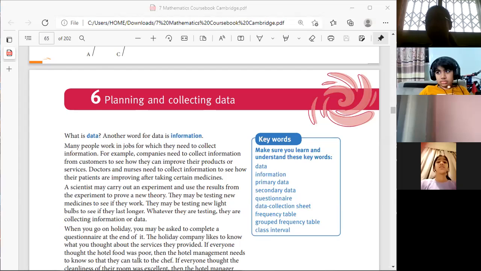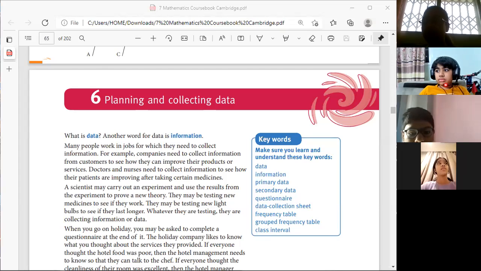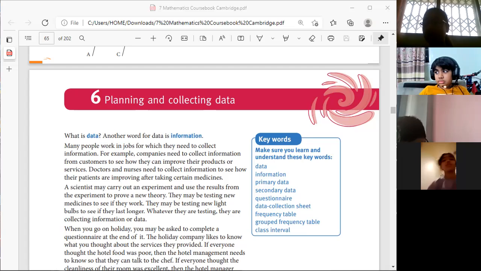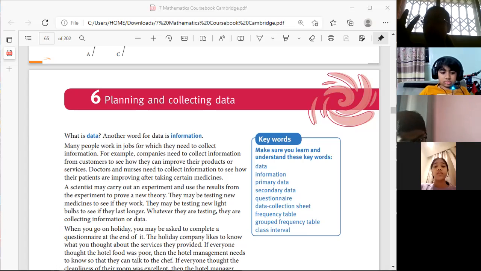Now what usually happens is when we do statistics, do you understand the word statistics? For example, when we try to find out how many students like maths, how many students like science, or how many people have been vaccinated, how many people are below 18 years of age in your particular city, in your particular country.